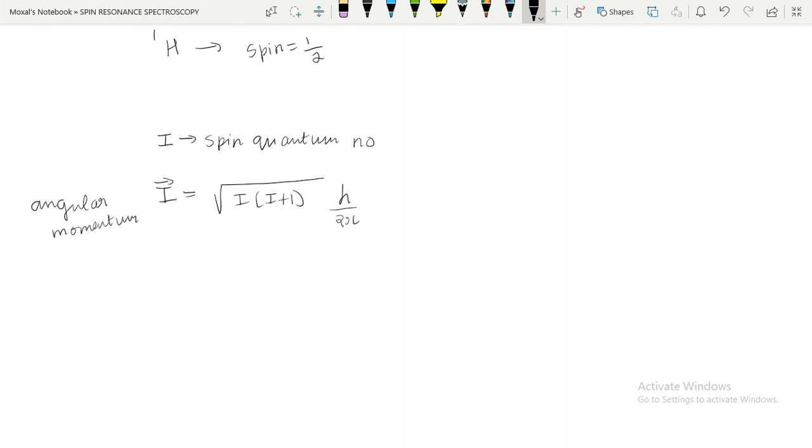You can write h by 2 pi or h cross. Both are the same. So this is the formula for angular momentum if you know the spin.